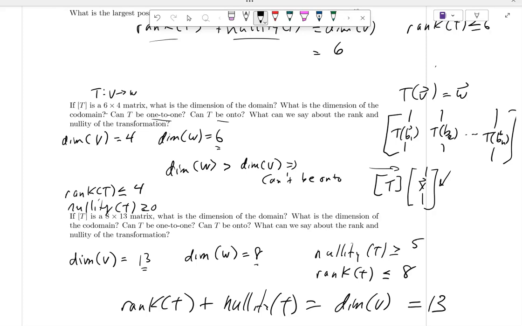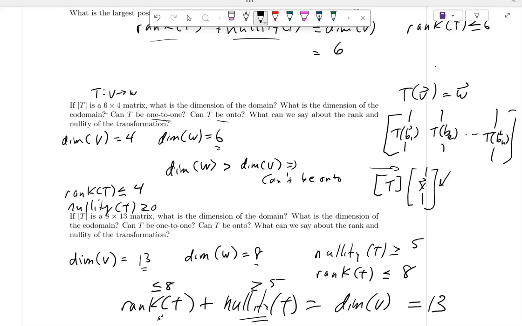If the rank can't get any bigger than 8, what do you have to say about the nullity in your sum? It can't be any less than 5, right? You have no choice. It has to balance. I have to have 13 when I'm done. If one drops below 8, the other one's going to go above 5. The rank can't get any higher than 8, so the nullity has to be at least 5.